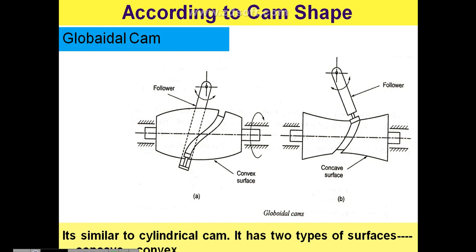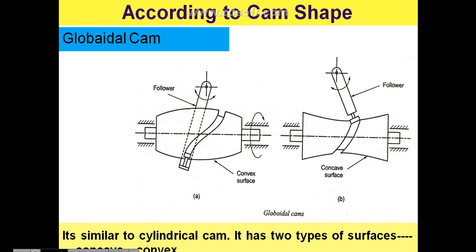Then this one is globoidal. There are two types of globoidal cam, one is concave, another one is convex. Both are mentioned in the slides. You can see the first one has a groove over its surface. When the cam rotates, the follower suspended in the groove is going to oscillate.